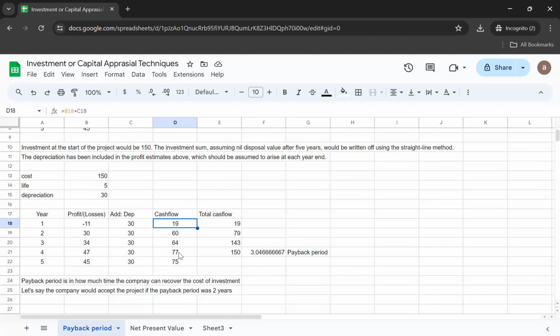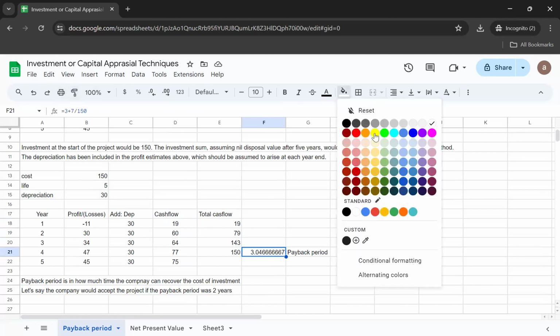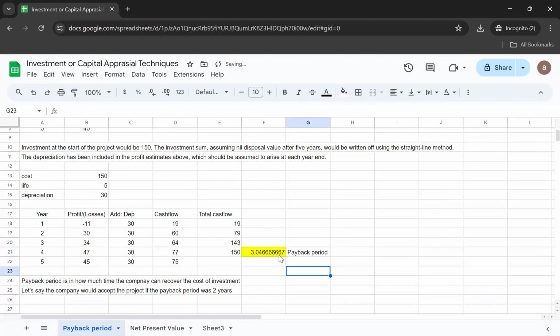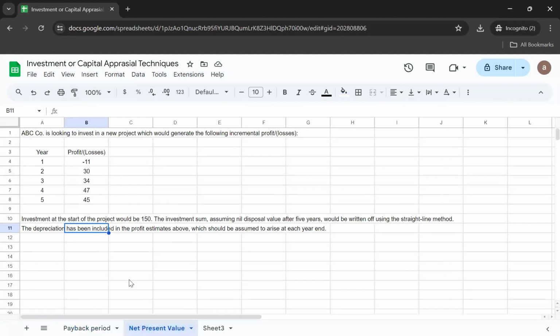I might drop a link to this worksheet so that you can download it, play with the variables, and understand the formulas here as well, right? So in this case, we will move on to the net present value now. The payback period here, I will highlight this as well, so this would be the answer. This is the payback period for this investment, right? So let's move on to the net present value.